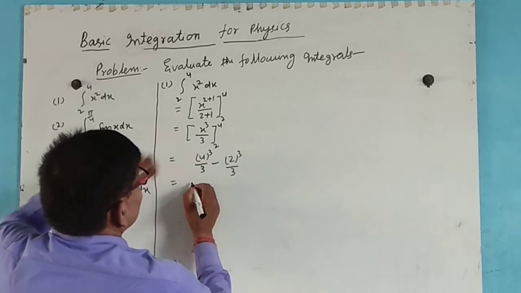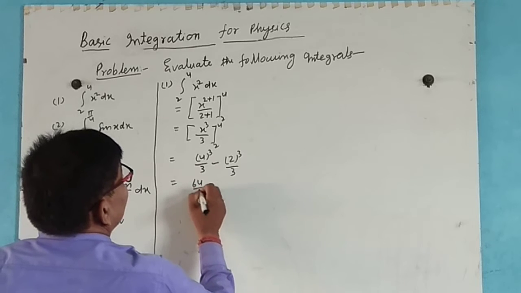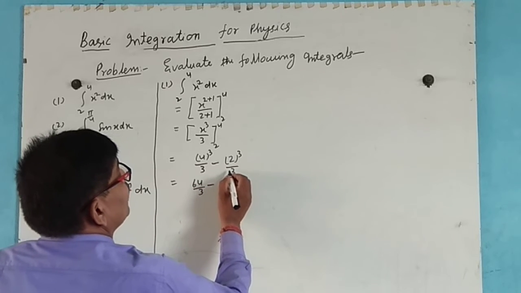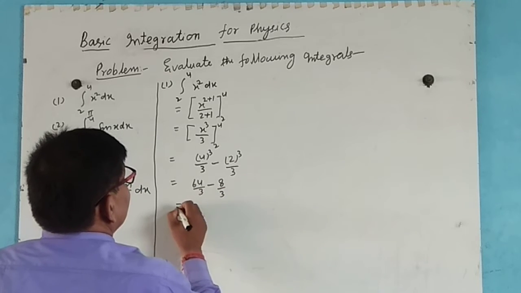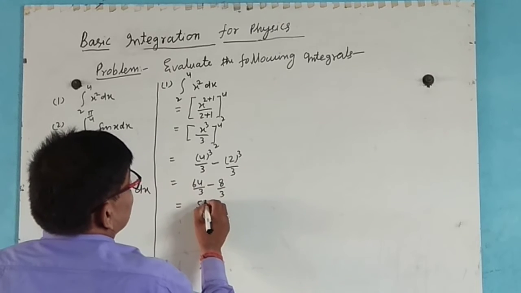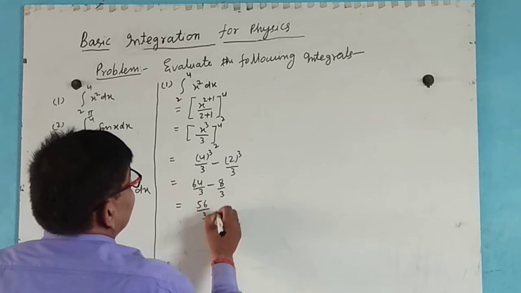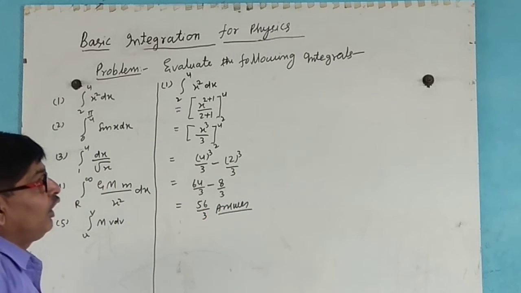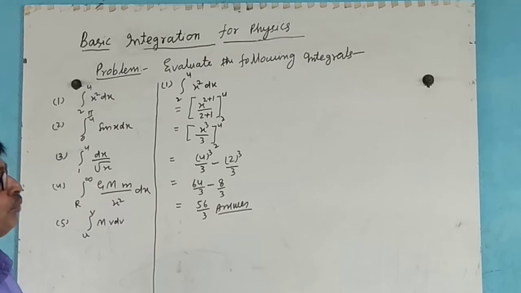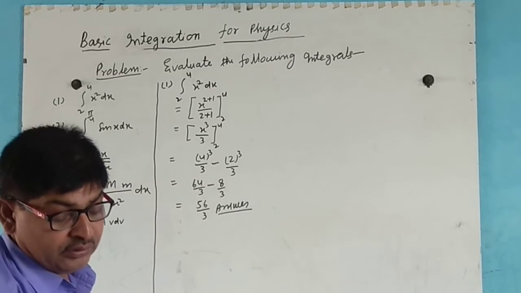This will become 64 by 3 minus 8 by 3, which is equal to 56 by 3. This is the answer of our integral from 2 to 4 of x square dx.